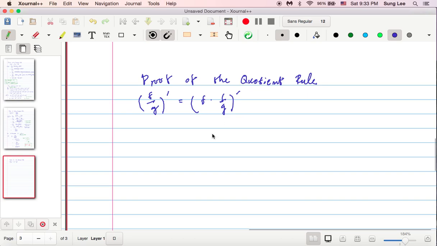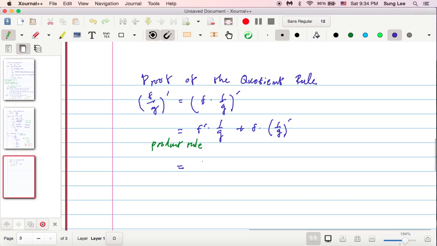So you can use the product rule. So that's going to be f prime multiplied by 1 over g plus f times 1 over g prime. That's the product rule.